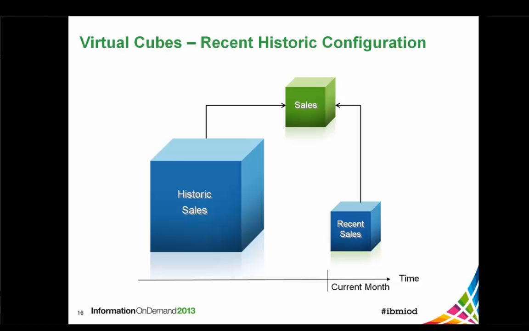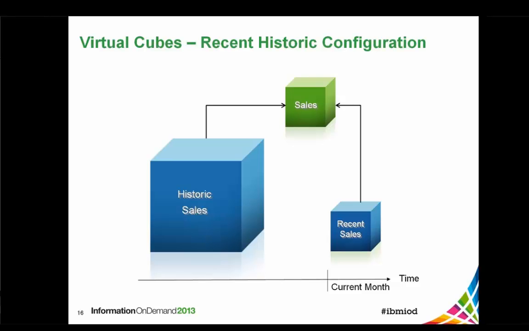Last week I mentioned putting together multiple fact tables, bringing them together into a virtual cube, and I also mentioned this recent historic configuration. So if you remember from last week, the recent historic scenario is a low latency optimization that allows you to utilize all the extensive caching that's involved, because we split the facts into two segments.